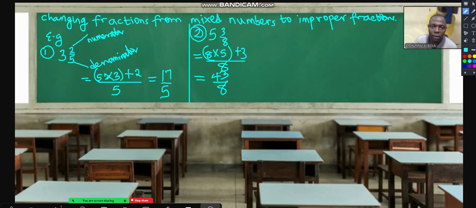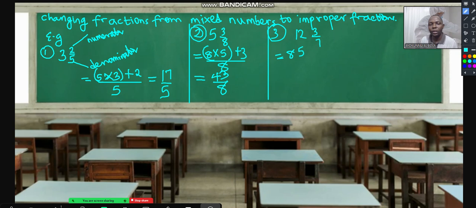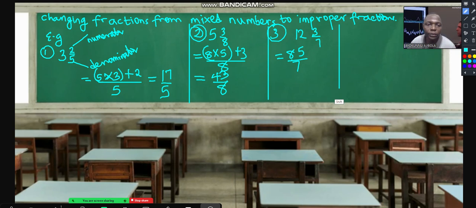Okay, and the next one, number 3. Let's say you have 12 whole number 3 over 7. This is a method. 7 times 12 is 84. 84 plus 3 is 85 over 7. That's your answer. So if we do one more example, how to convert from mixed fraction to improper fraction.